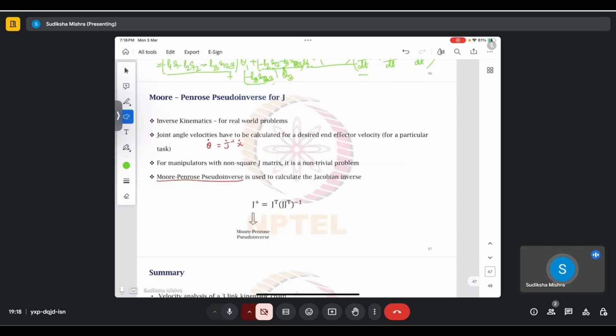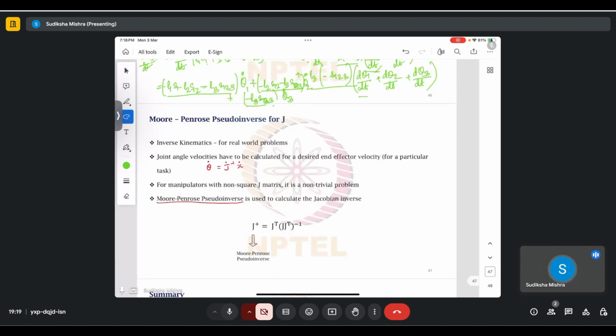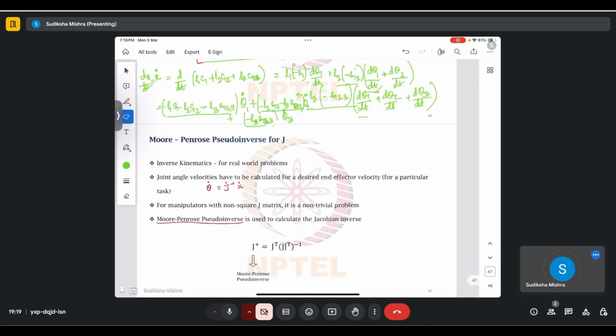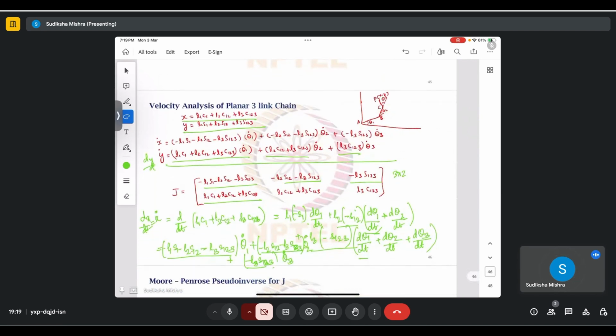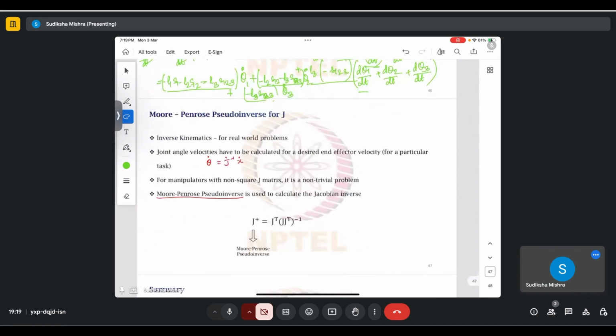So we can compute inverses for a square matrix. Computing an inverse of a 2 cross 3 matrix is difficult. It's not possible. But mostly when you solve problems, you will encounter problems which are not forward kinematics, rather they are inverse kinematics, where you know the positional values but you don't know the angles.